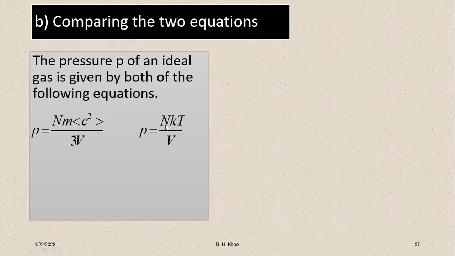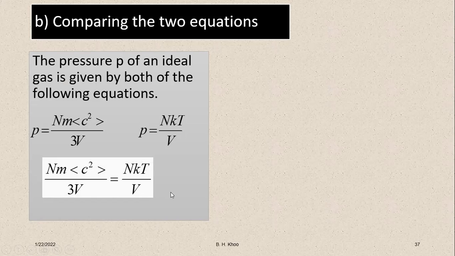We have these two equations and we can compare them. It's good to know how, because when we derive using kinetic theory, there's no relationship of temperature here. So it's good to combine it with the ideal gas equation to know how the kinetic energy or the speed depends on temperature.